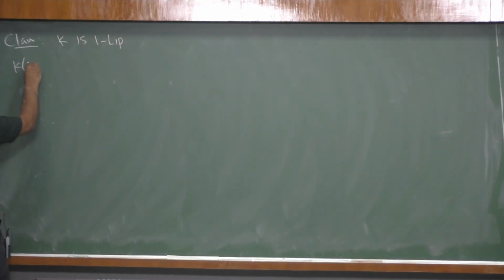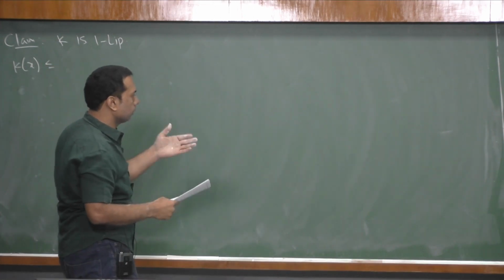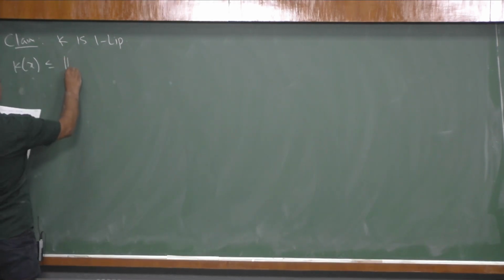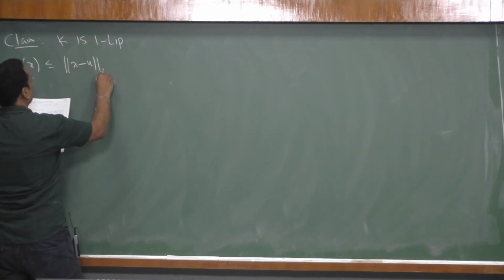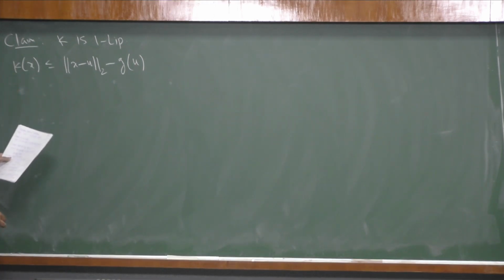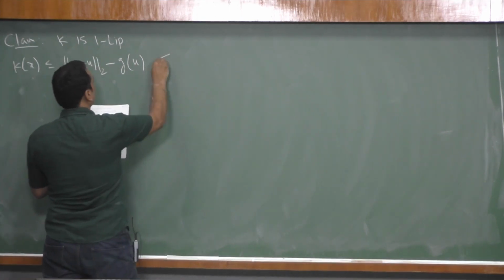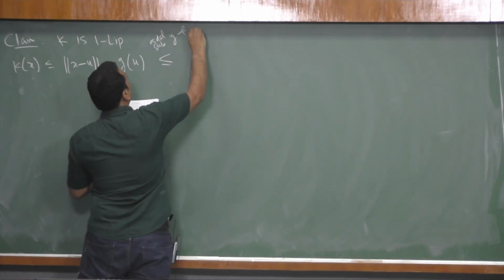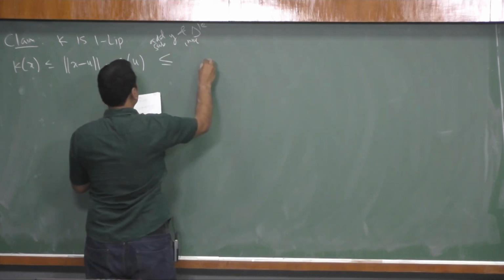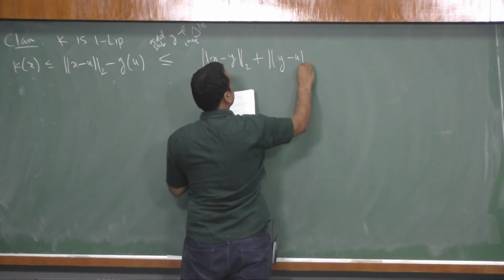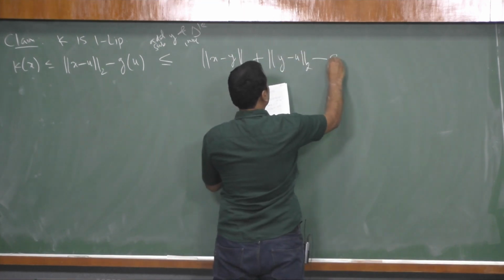So k(x) is less than or equal to, if I instantiate this infimum by some u, then k will always remain a lower bound. So norm of x minus u minus g(u), and I add and subtract y, and then use the triangle inequality. Then I get norm of y minus u minus g(u).